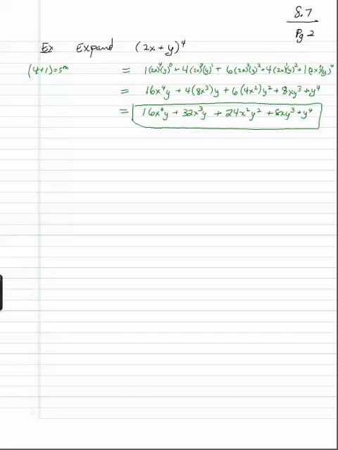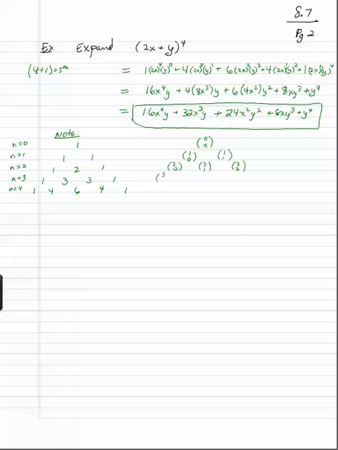Now it turns out that with Pascal's triangle, you can get the coefficients using the n choose r notation. Those are the binomial coefficients. So for Pascal's triangle, we get 0 choose 0, that's 1. 1 choose 0 is 1. 1 choose 1 is 1. 2 choose 0 is 1. 2 choose 1 would be 2. 2 choose 2.